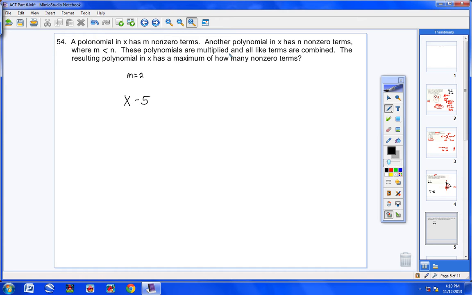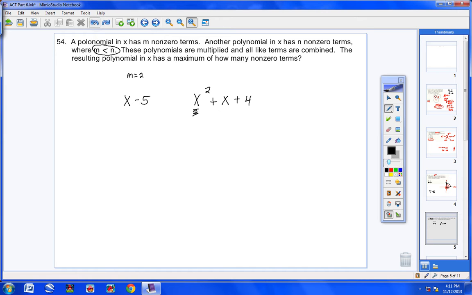Now, then we have a polynomial that has n non-zero terms. Now, notice here though that m has to be less than n. So if this expression here has two terms, then I better make my next one have more than that. So we're just going to say three terms. There we go. X squared plus x plus 4. That's three terms. 1, 2, 3.